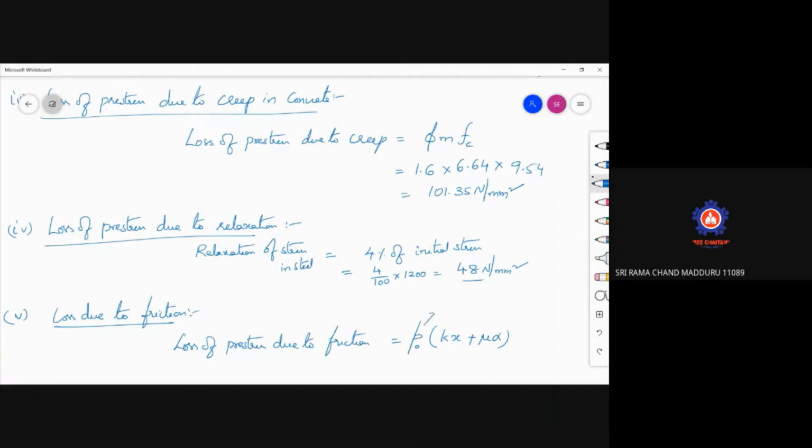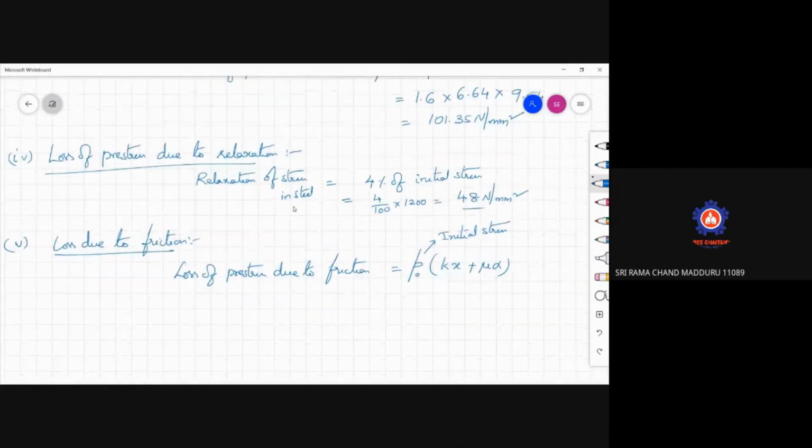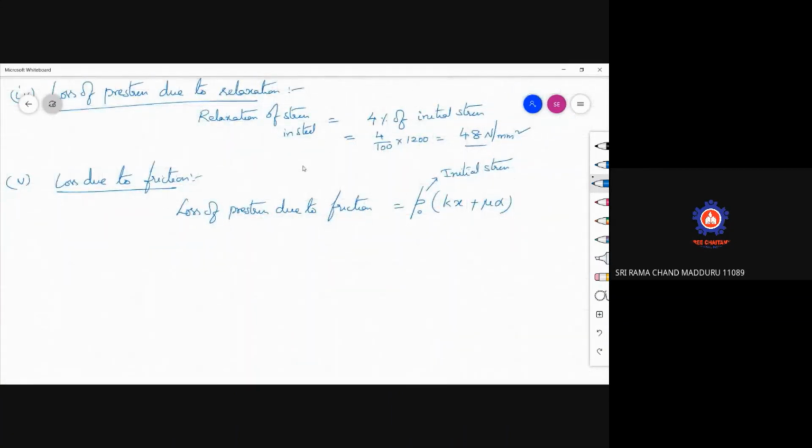You can consider P naught as the initial stress. I am running out of time, that's why I am slightly moving fast. So P naught is initial stress, which is 1200 Newton per mm square. We used to write it as FPI.